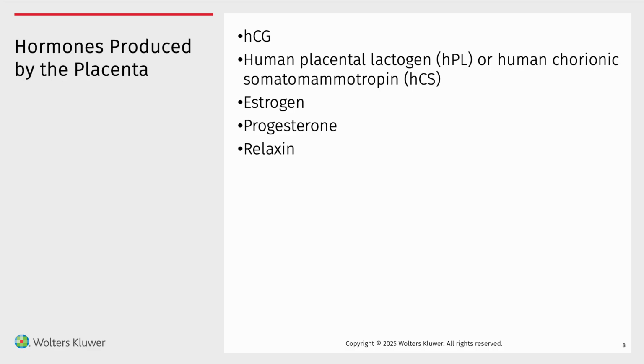These hormones are secreted around week 6. The level rises as pregnancy progresses. So the HPL secreted at week 6 should rise as the pregnancy continues and progresses.